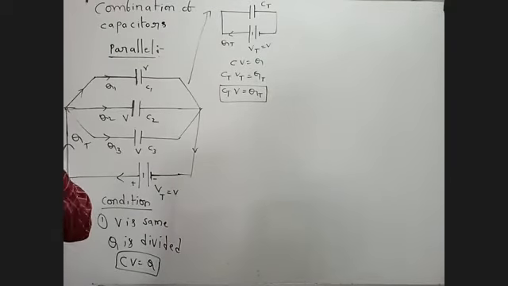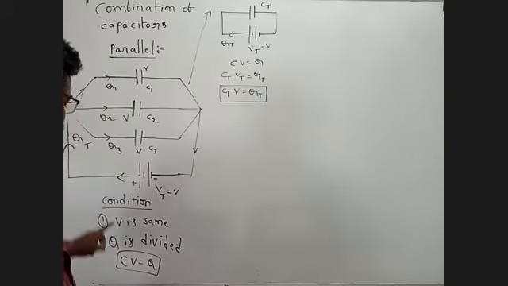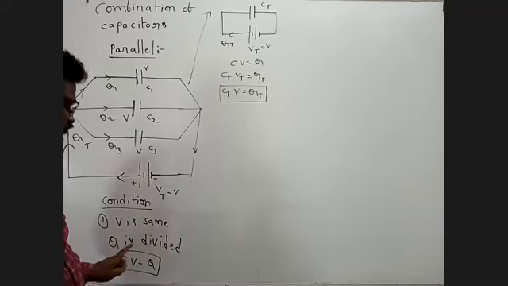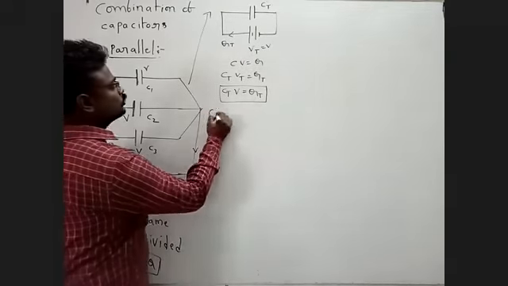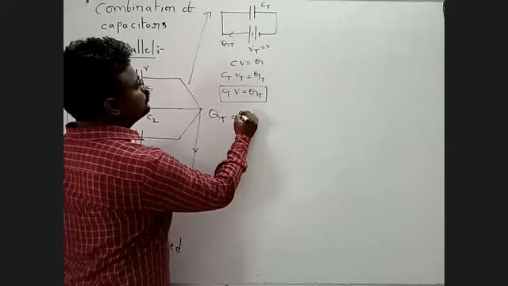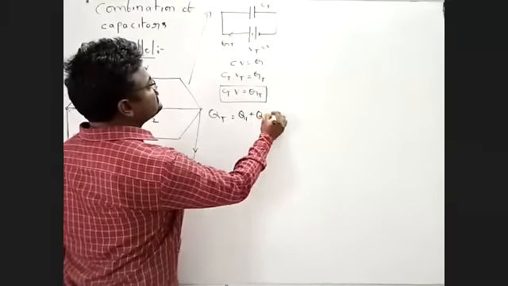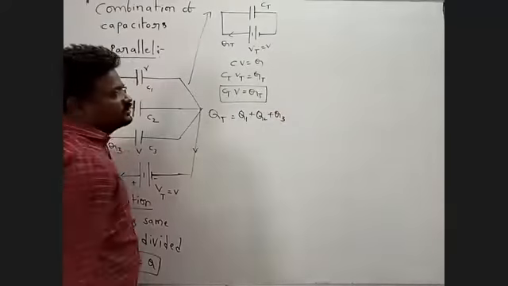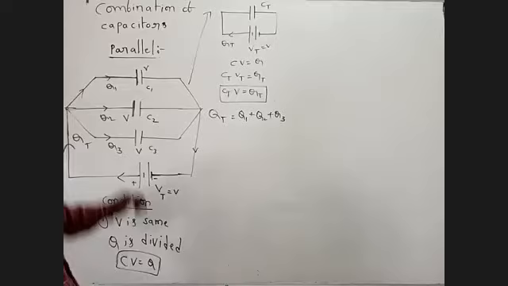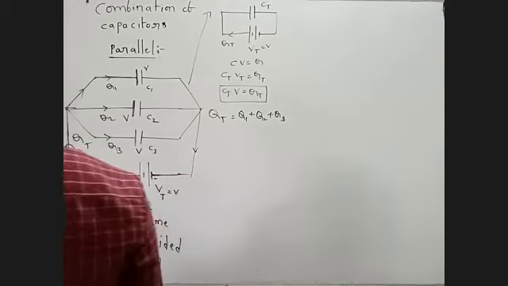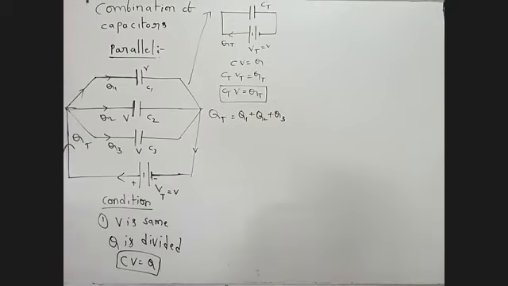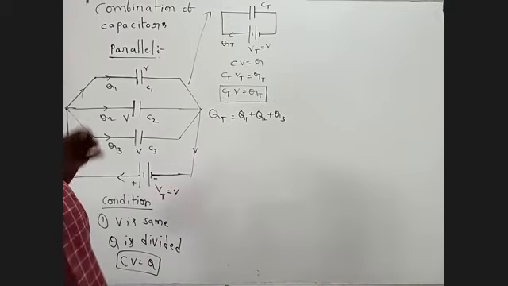So here the voltage is the same and Q is divided. So Q total is equal to Q1 plus Q2 plus Q3. What is the formula?